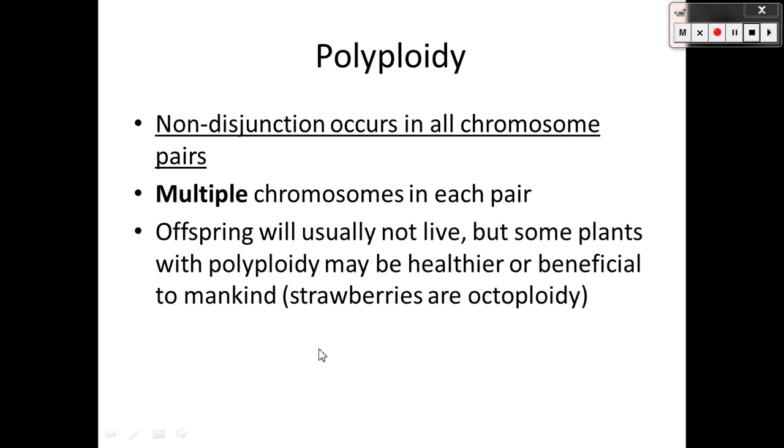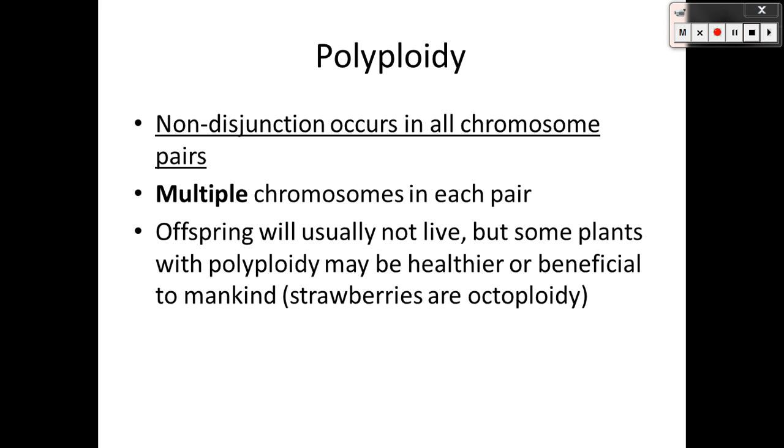Now, the last one, and the one I find very, very interesting, is what we call polyploidy. Polyploidy is usually what happens when non-disjunction occurs in all of the chromosome pairs. So instead of just chromosome 1 having a problem, what if chromosomes 1 through 23 all got duplicated?